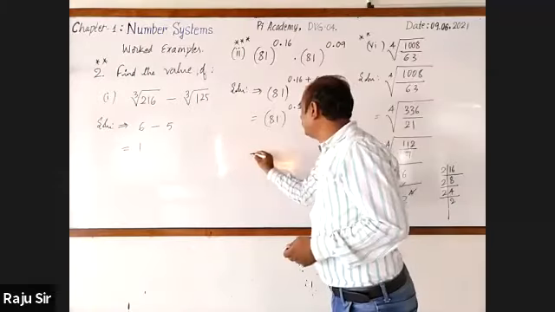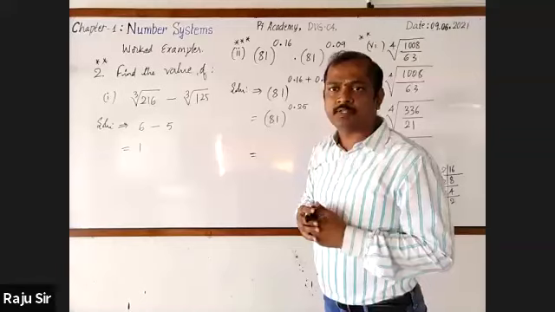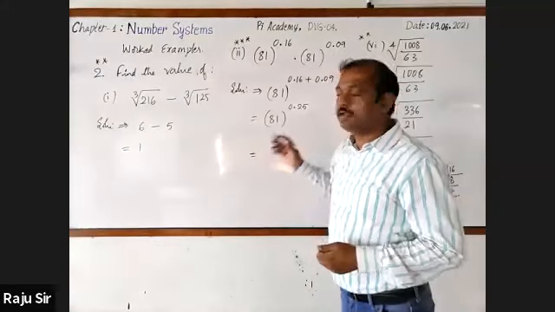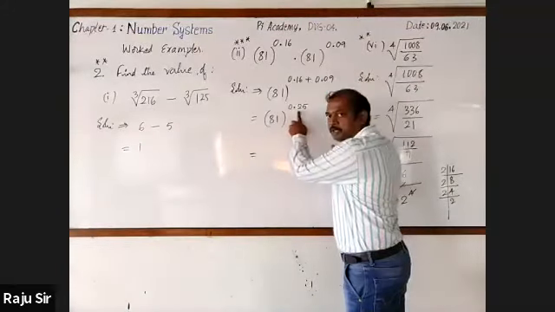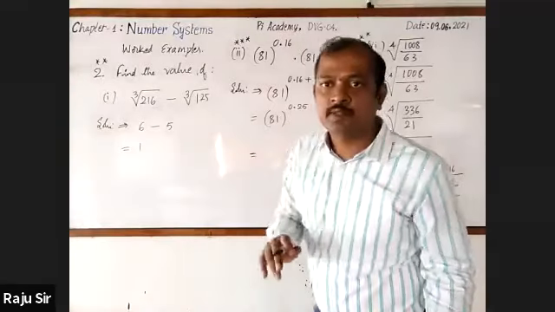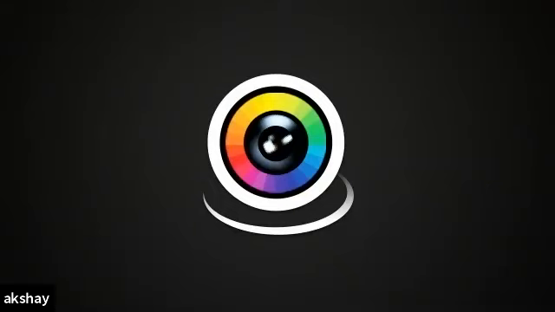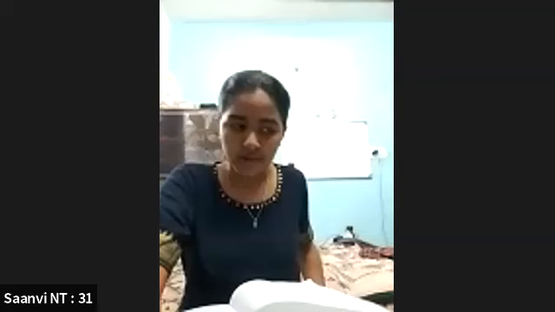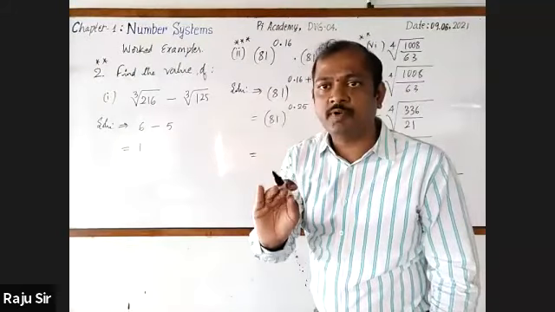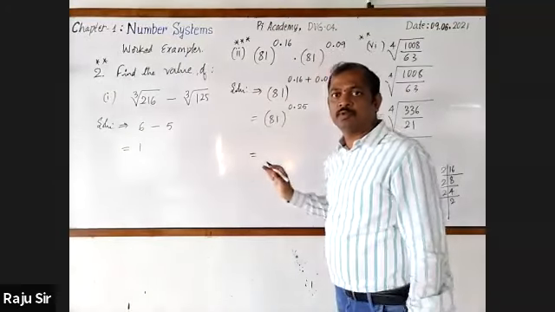But we do not know how to find the value for this. So let me convert this 0.25 into a fraction. Please don't write. I'll give you time for writing. Just look at the board.